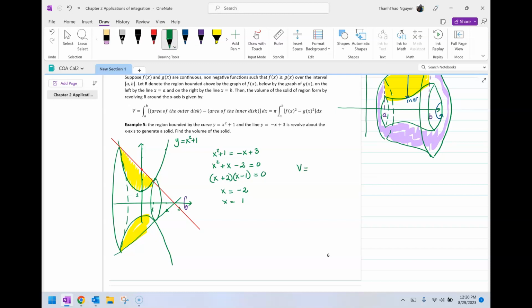Now we will use the integral to calculate this volume. The volume equals pi, evaluated from negative 2 to 1, of the outer radius, which in this case is negative x plus 3 squared, minus the inner radius, which is the parabola x squared plus 1 squared, dx.